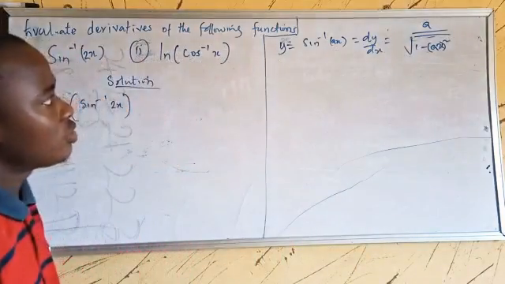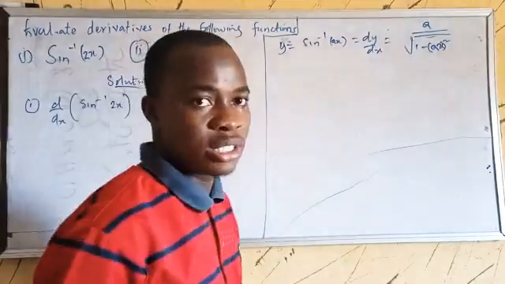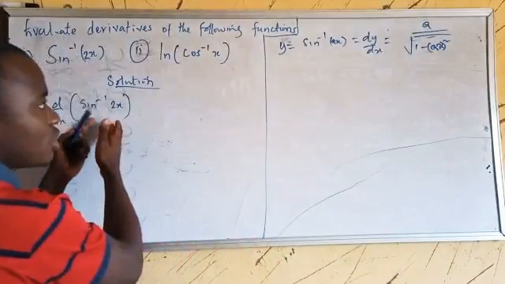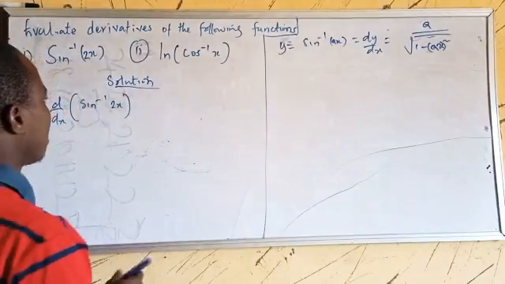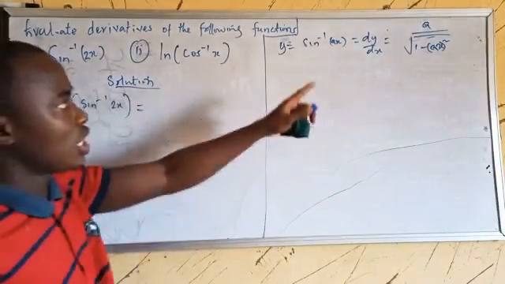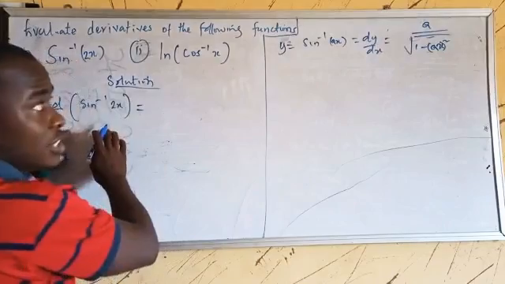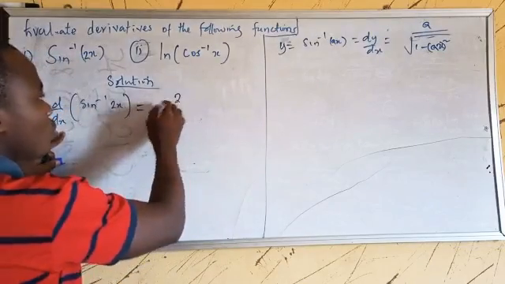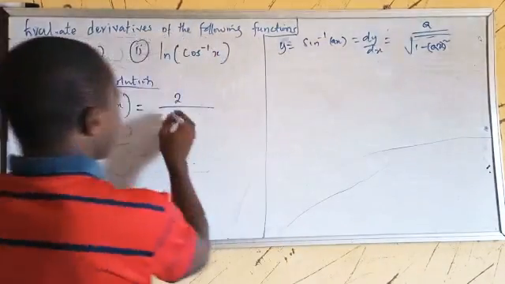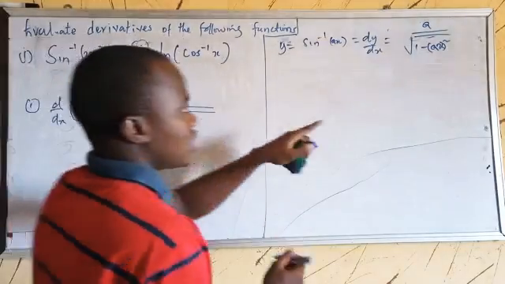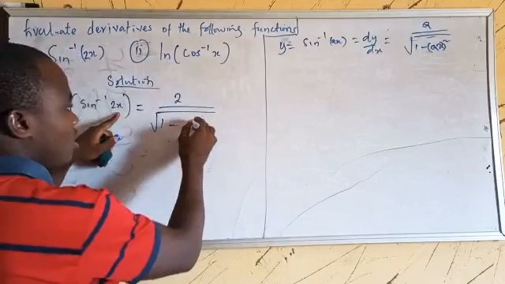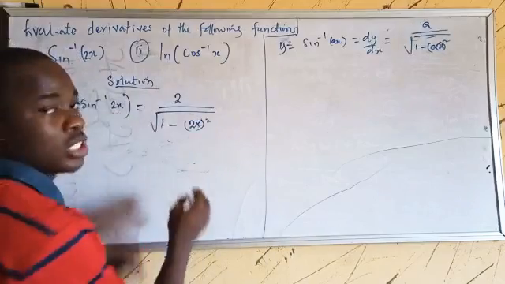Are you getting it? So now if you look at this very well, you can see that it takes the form of what we have here. So my a is automatically 2 here. Going with what we have there, I will have the derivative of this to be 2 over the square root of 1 minus, you now take all of this, that is a multiplied by x, we have 2x all squared. Can you see that?